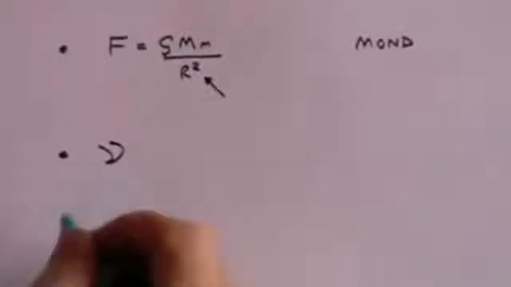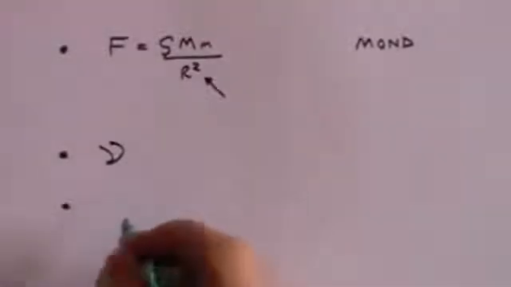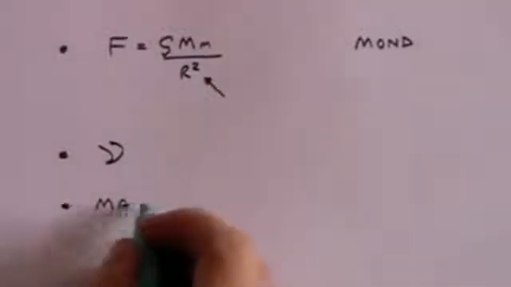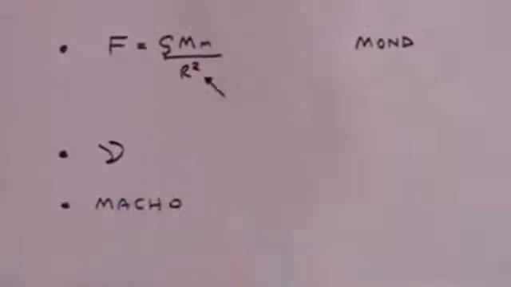Then there are those who argue that this additional mass could be accounted for by what are called MACHOs, that is, massive compact halo objects. These could be black holes, or maybe they could be what are called brown dwarf stars. That's maybe stars that have given off all their energy and are no longer emitting light.